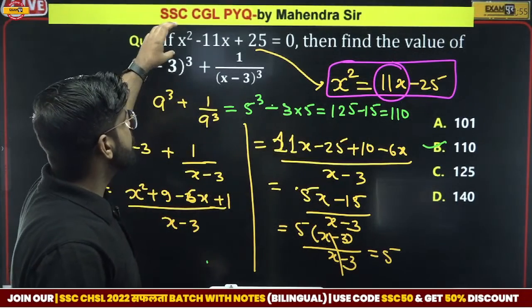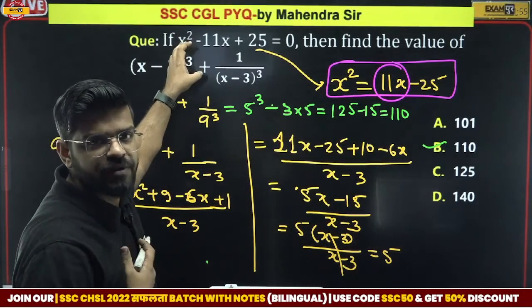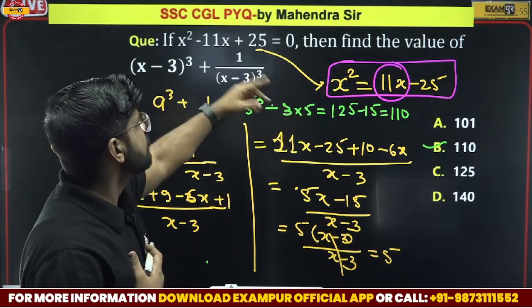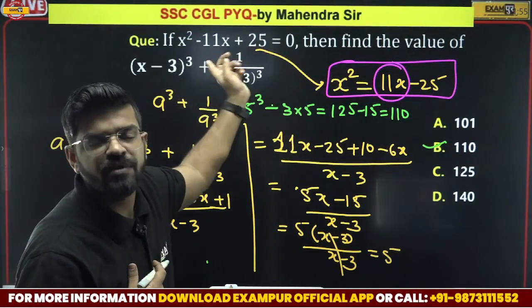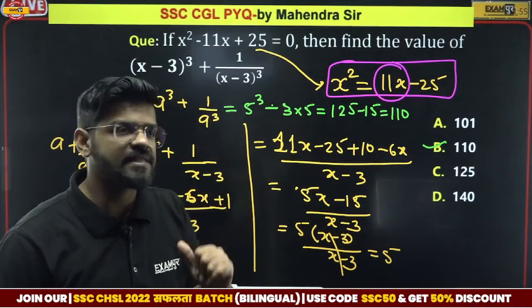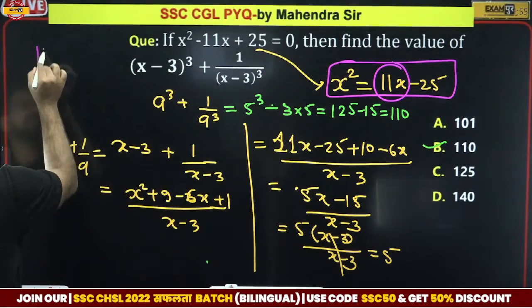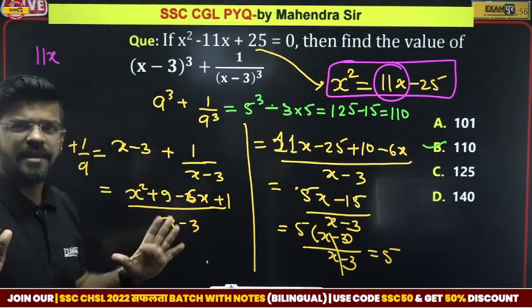So if we find the x square value, we have to see whether we are getting plus 11x or minus 11x. We are getting plus 11x, so write plus 11x. Clear?